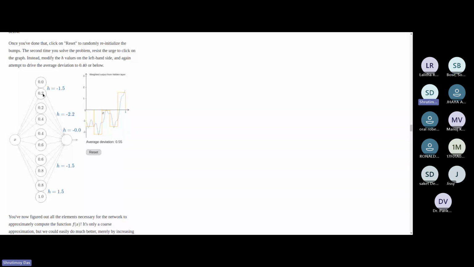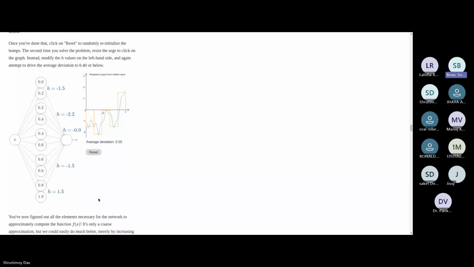You got 0.2, and now this neuron is connected to this one. So this H represents, in some sense, your height or your weight of that connection, how much weight. They have not shown all of the weights, but basically it says how much. So this was layer 1 weights, these are layer 2 weights, hidden layer weights. So these H's are the representation of the hidden layer weights that you have.